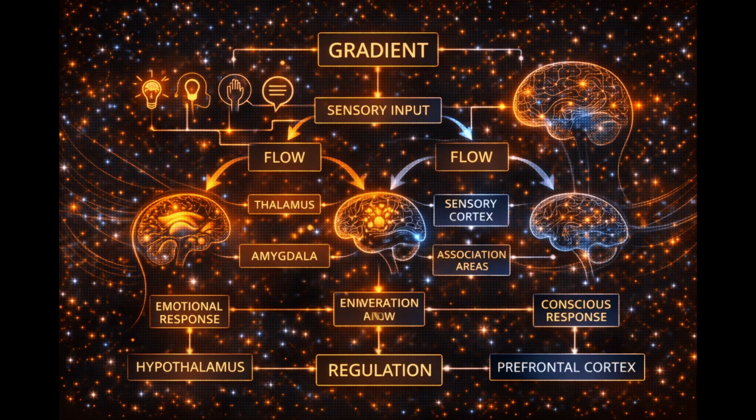Dopamine creates a motivational gradient, approach. Serotonin stabilizes balance. Oxytocin supports bonding, connection. Cortisol establishes readiness, protection. The psyche is the conscious map of these states.